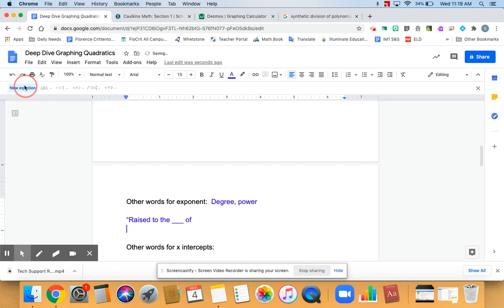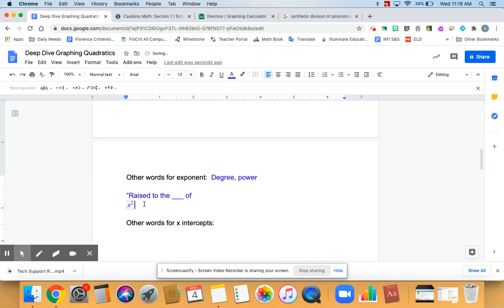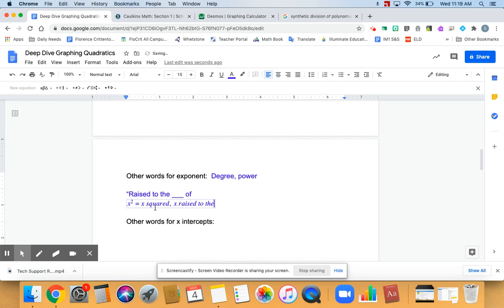So if you're looking at x squared, which has a special name because it's one of the special ones, so it's called x squared, but it's also called x raised to the, and then I could say exponent, degree, or power of 2. So I can use all 3 of those words to say x raised to the degree of 2, x raised to the power of 2, x raised to the exponent of 2.